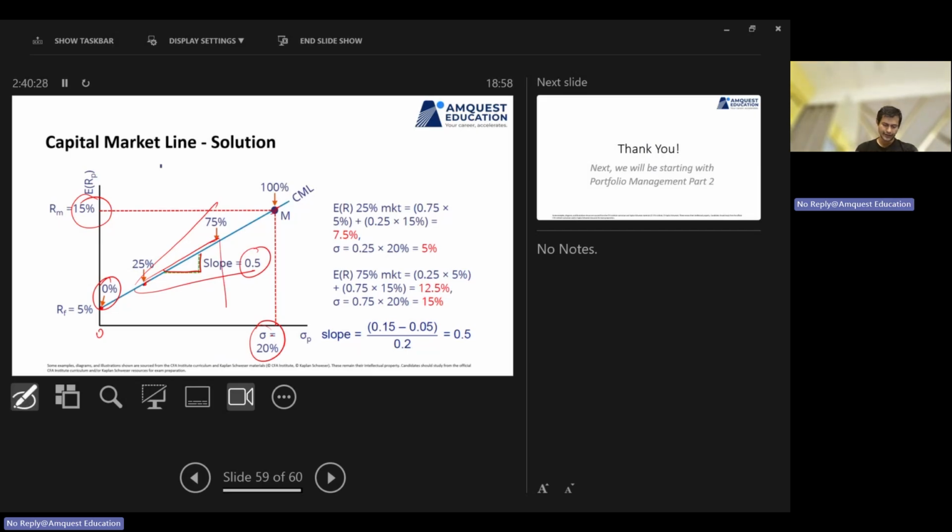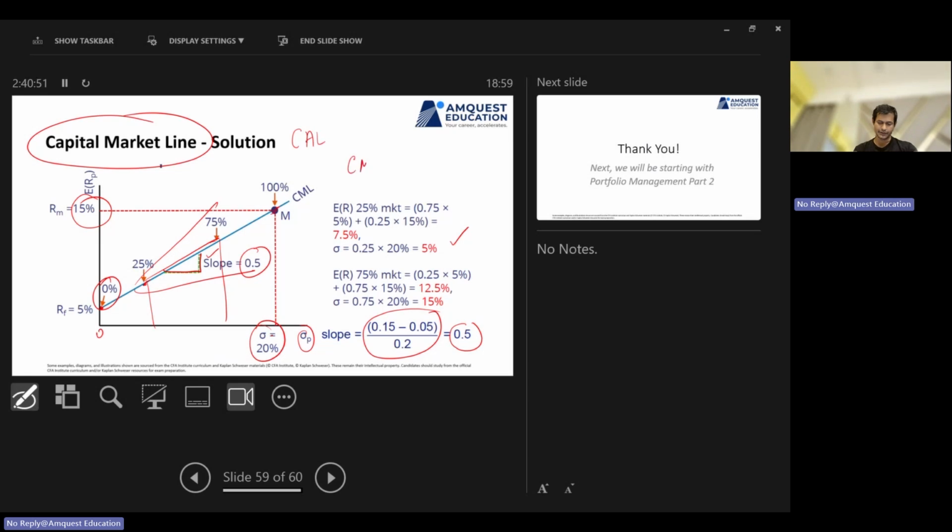If I change my weights, I can find out by how much my return is increasing or decreasing for every change in standard deviation. Clear? Because slope is nothing but the rate of change of returns. So this is how the capital market line adds up with regard to deviation on the capital allocation line.